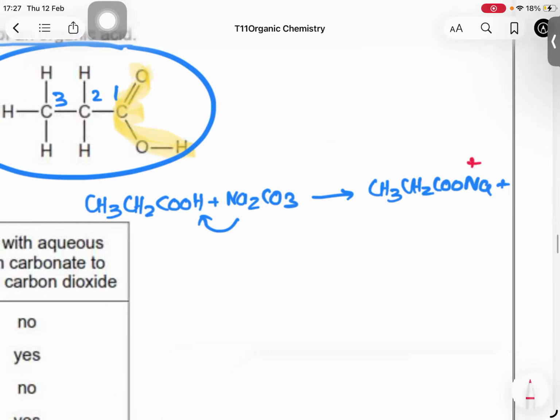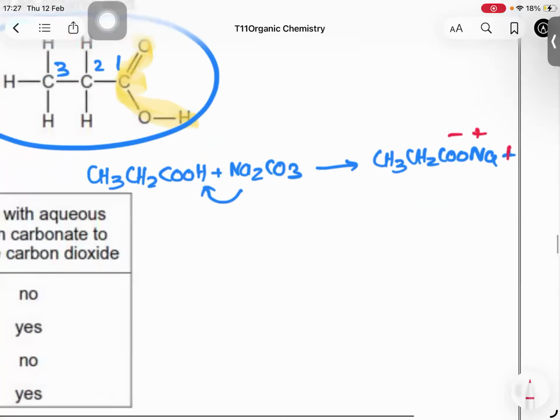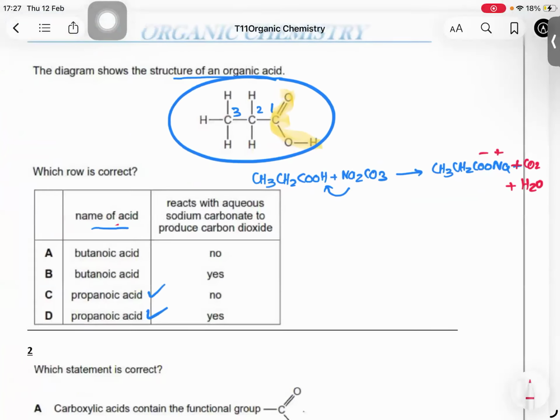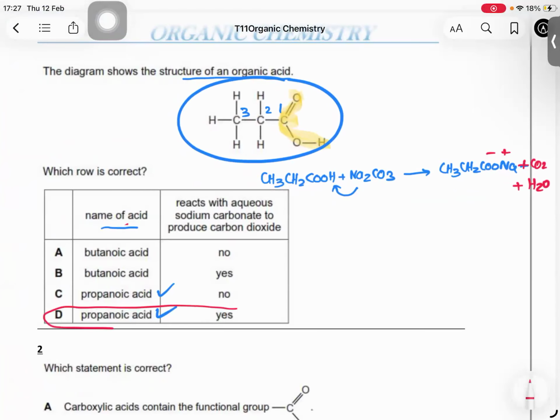You have to look at the charges. +1, -1, they cancel out to form what? Carbon dioxide and water. So this is the effervescence carbon dioxide gives off. So this is the answer D. Next.